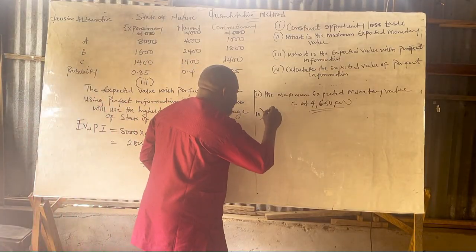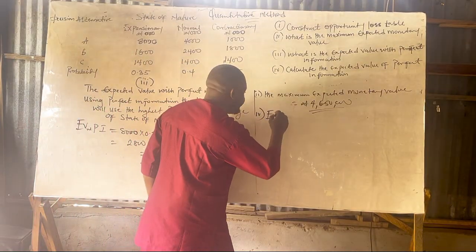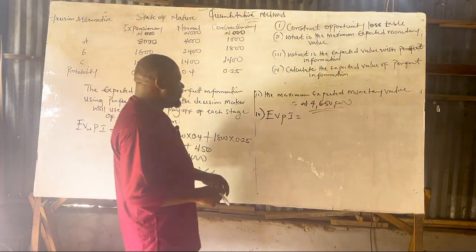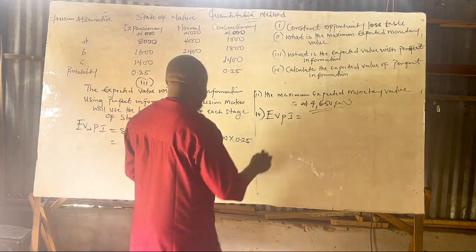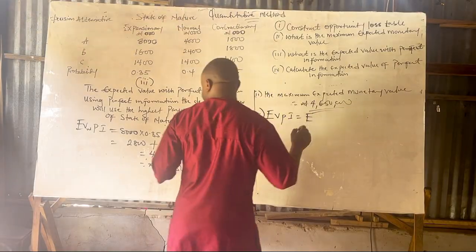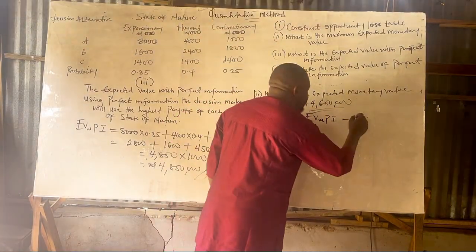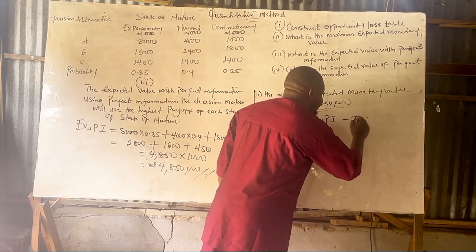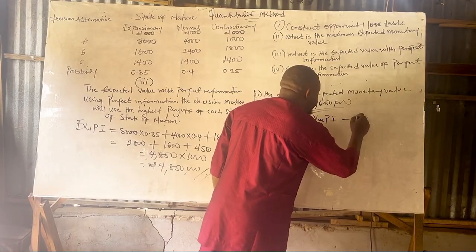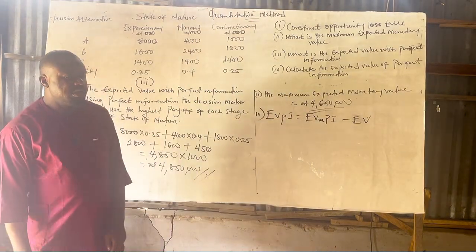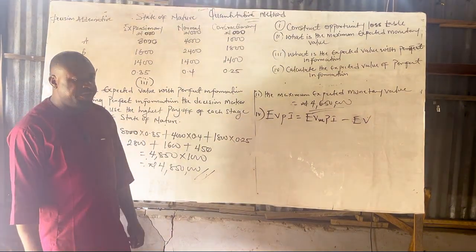So class, therefore expected value of perfect information will be equal to EVWPI minus the maximum expected value.